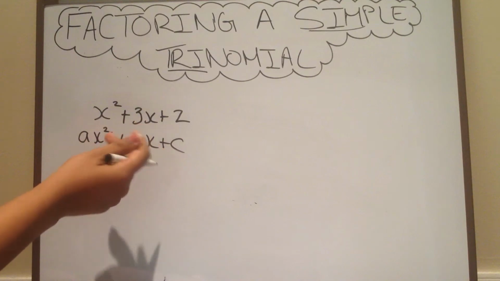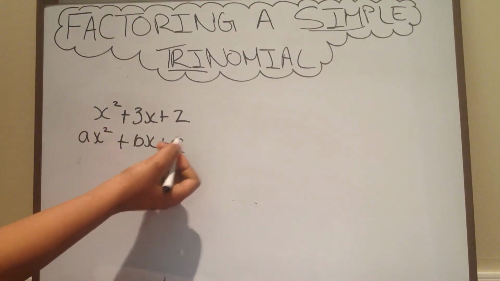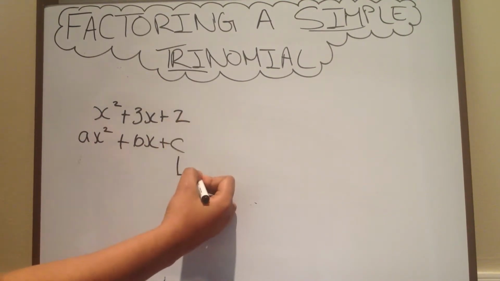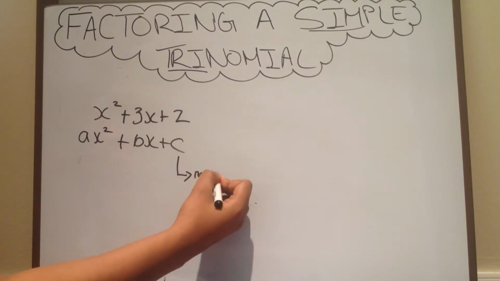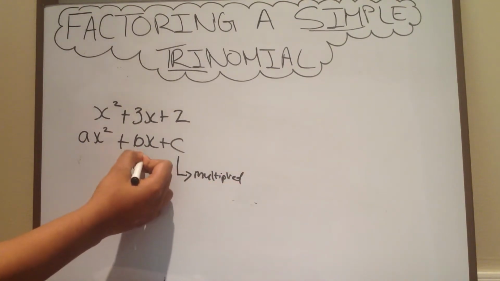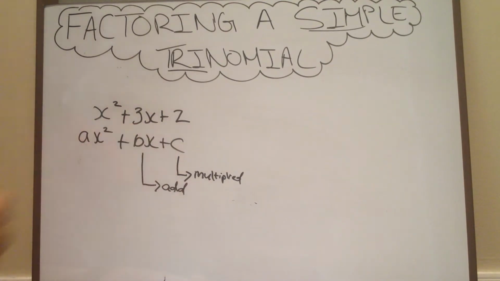When you're trying to factor a simple trinomial, you have to find two numbers which multiply to c, and they need to add to b.